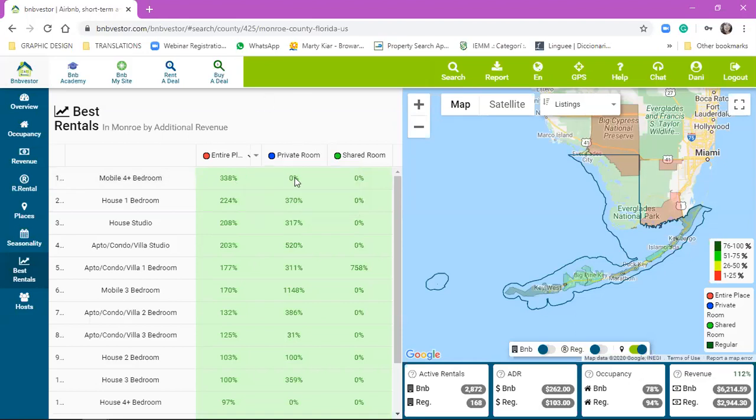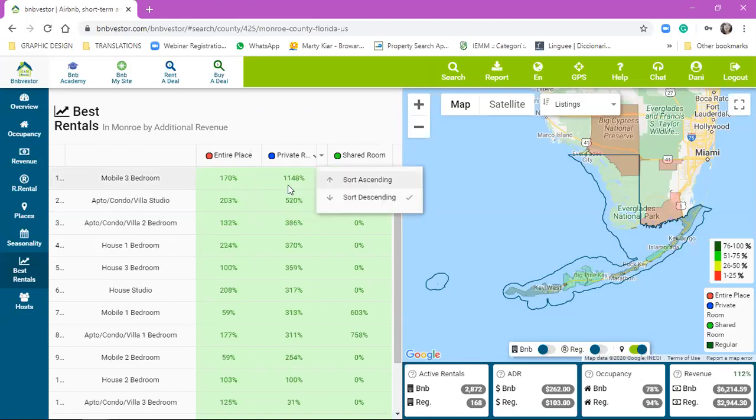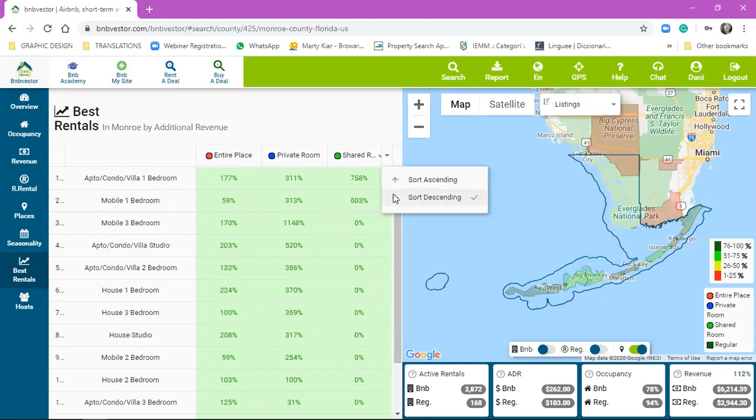Remember, this is all average. Then for private room, for a mobile 3 bedrooms, it's going to be 1,148%. And then per shared room, it would be 758% for an apartment, condo, villa of 1 bedroom as well.